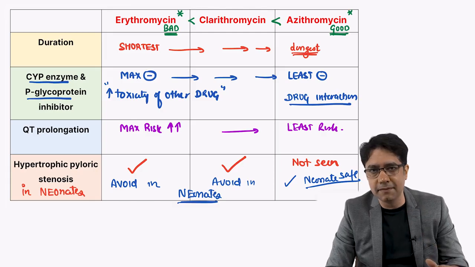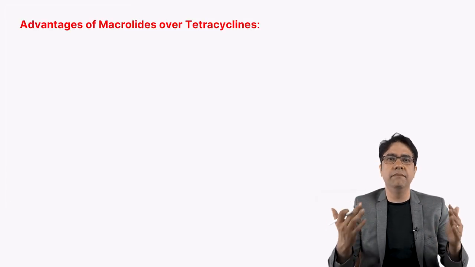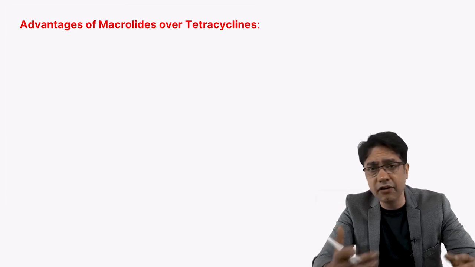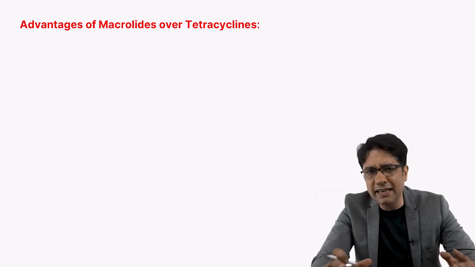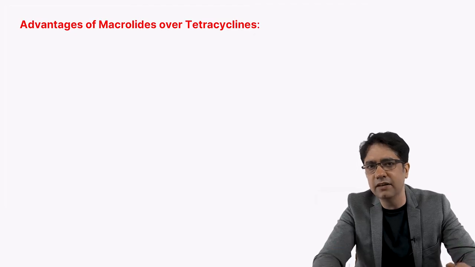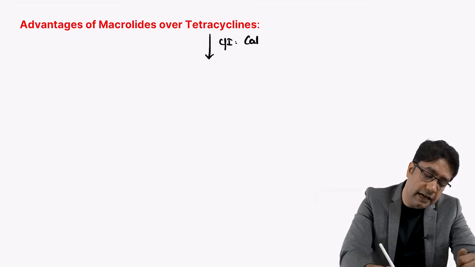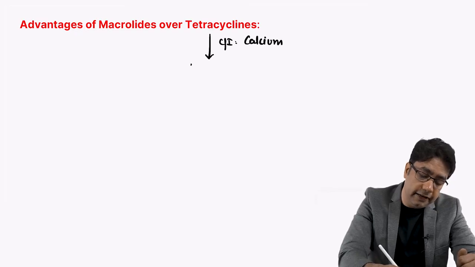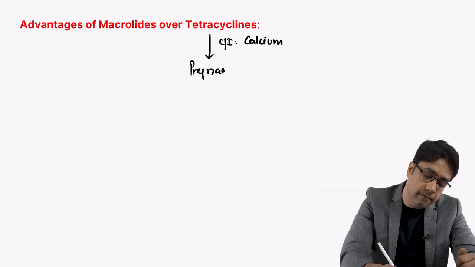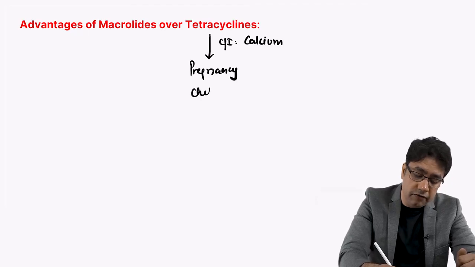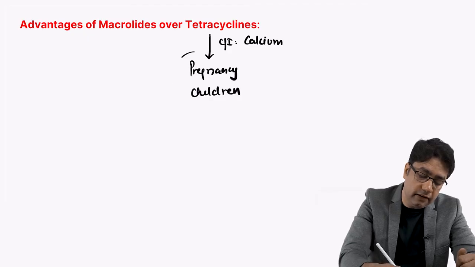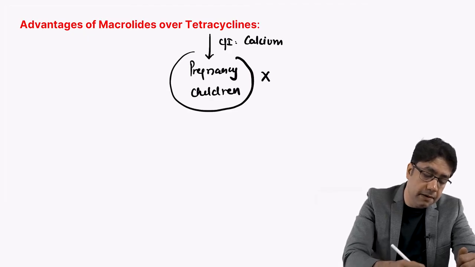So keeping this in mind, let's talk about why we made macrolide. If you remember the previous story, tetracyclines were chelating with calcium. Very old drug. So don't you think, because tetracyclines were chelating with calcium, they were absolutely contraindicated in pregnancy and children, so we were not giving tetracycline.